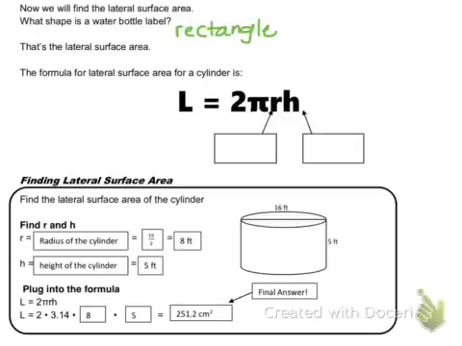A lot of times we talk about a soup can label because the soup can label takes up the entire height of the cylinder. You may have something where it takes up just a little bit, and so you have to decide the height, but most of the time we're talking about a soup label. And so that's just 2 times pi times radius times height. So that's radius, and this is height.